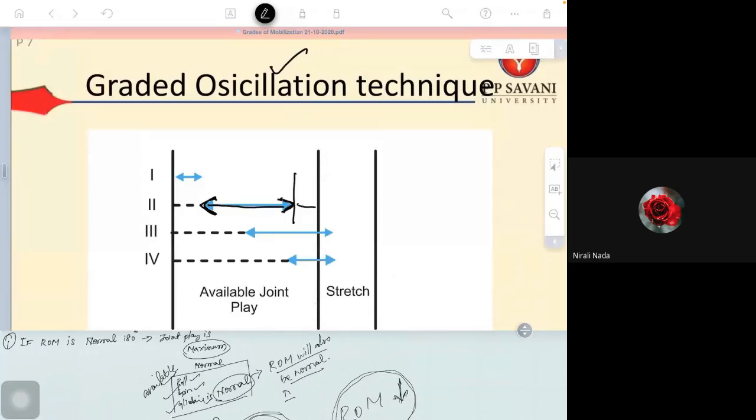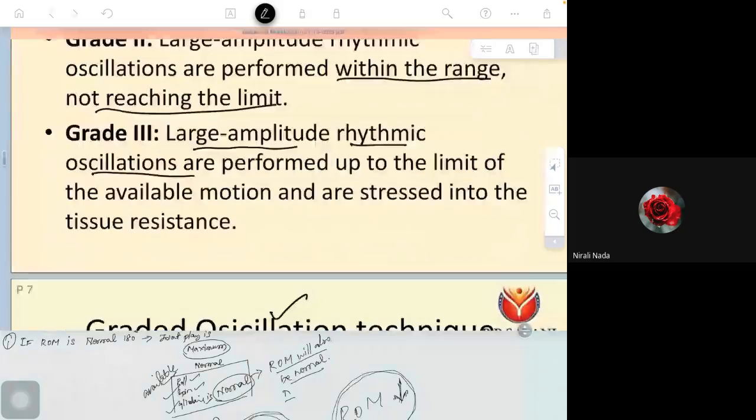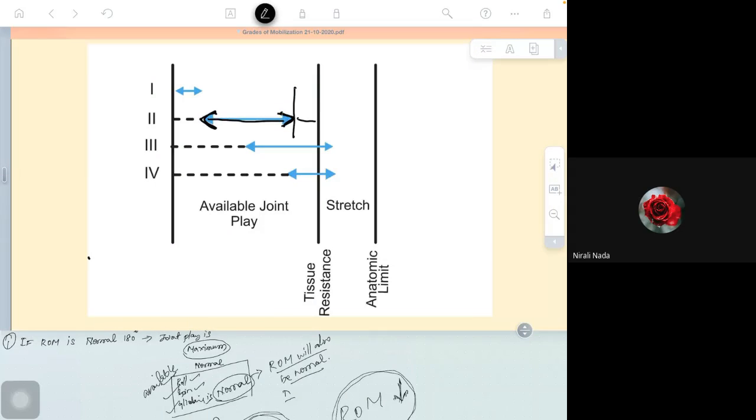What is grade 3? Large amplitude rhythmic oscillation performed up to the limit. Now you see it has reached the limit, 120, up to the limit and stressed into the tissue resistance. You see it is slightly crossing the line.